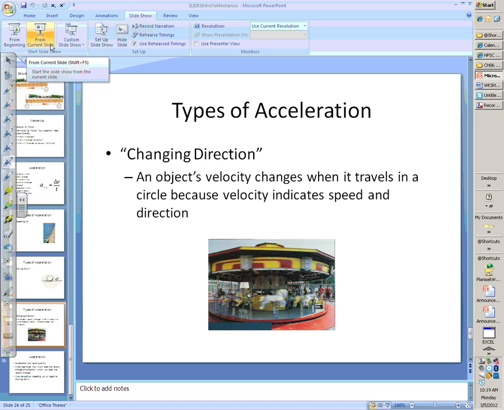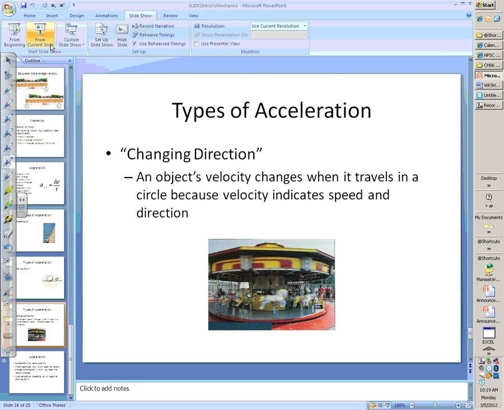Because on a Ferris wheel, what are you doing the whole time? You're accelerating. You are changing directions. As we talked about before, velocity is a vector quantity. It has direction, right? If you go in a different direction, that's a change in velocity.